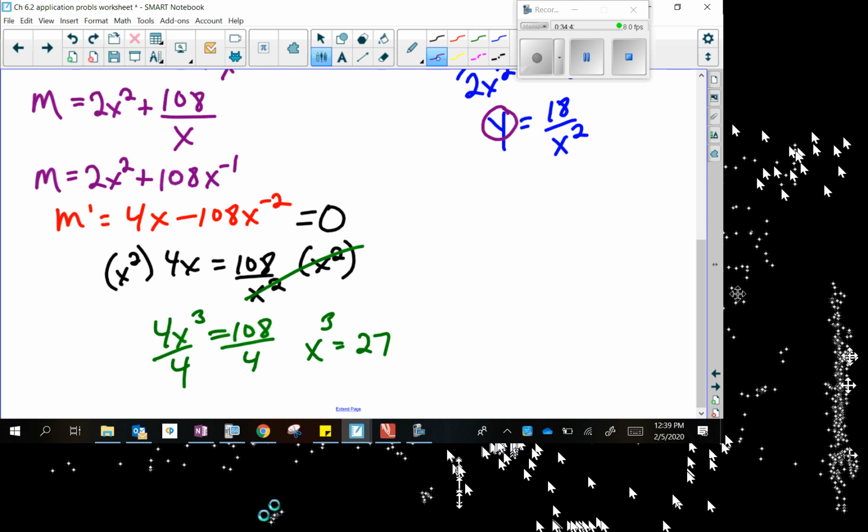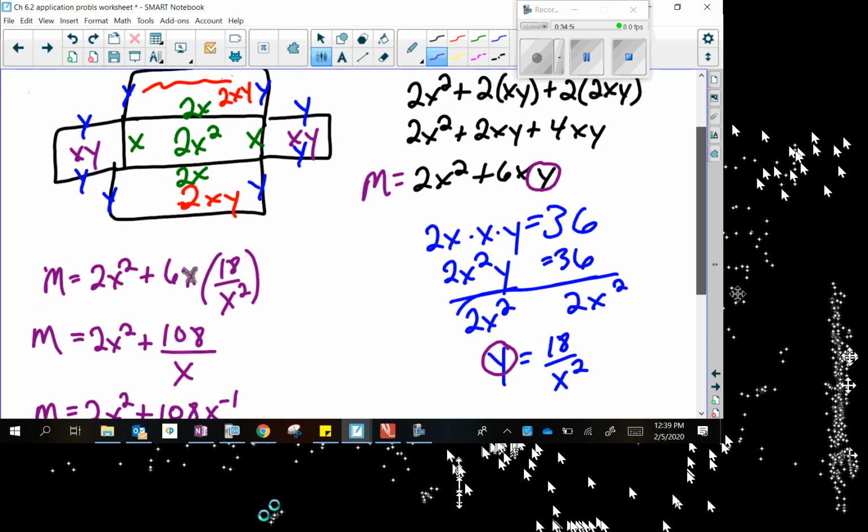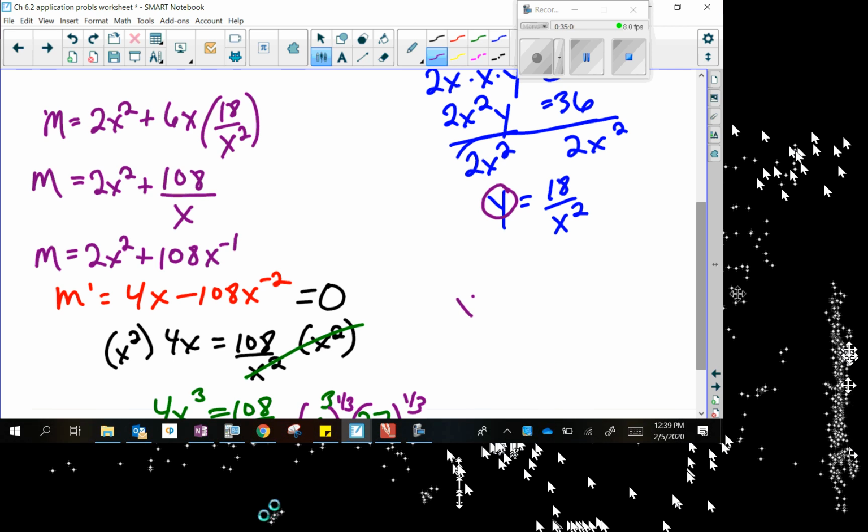So if x cubed equals 27, x equals 3, right? So if x is 3, that represents the width of the box.